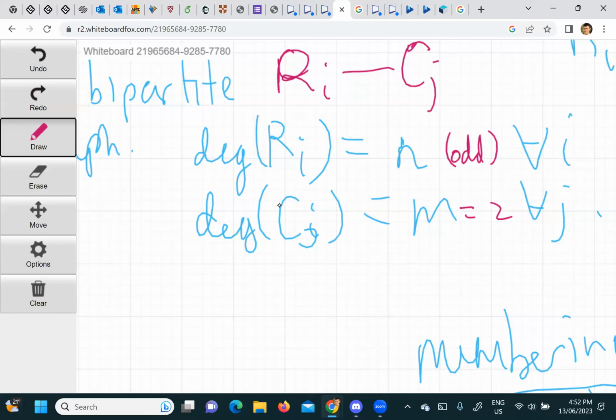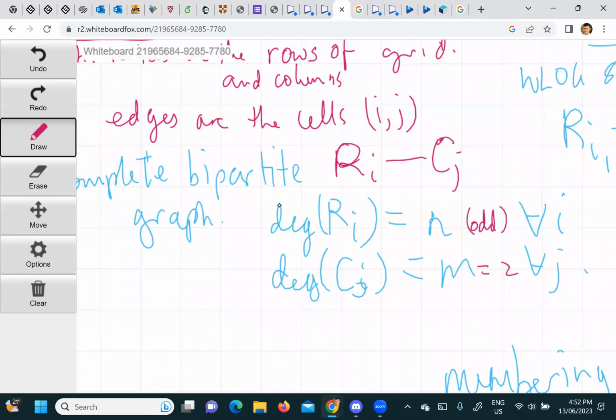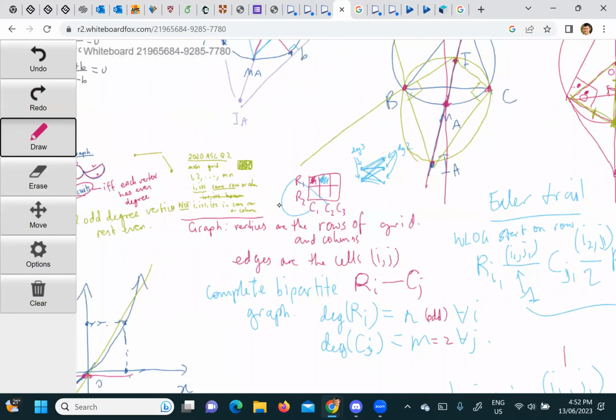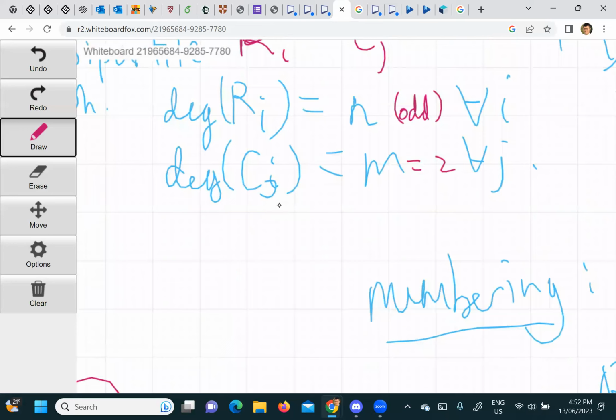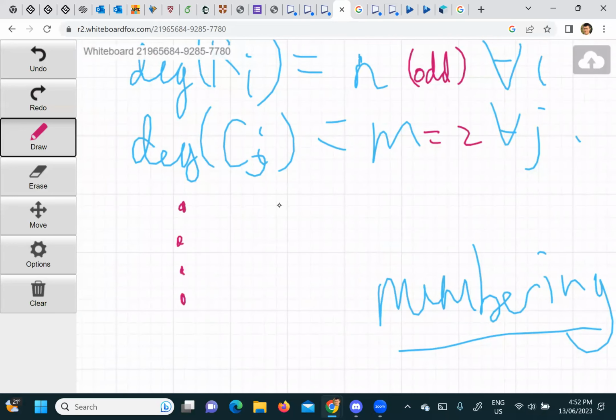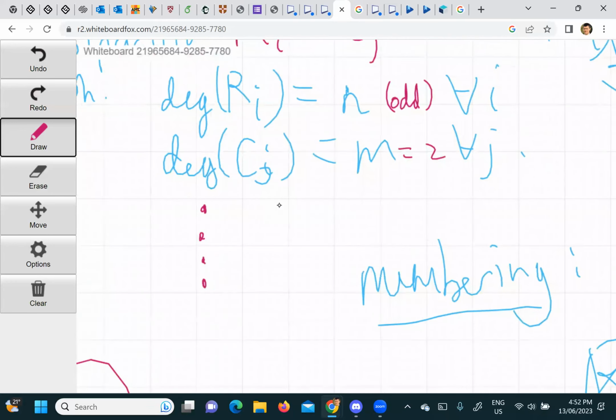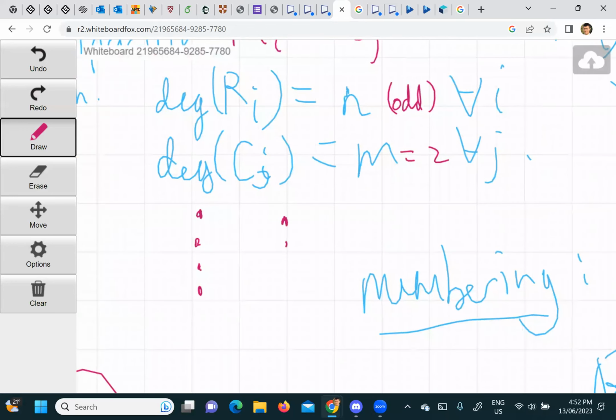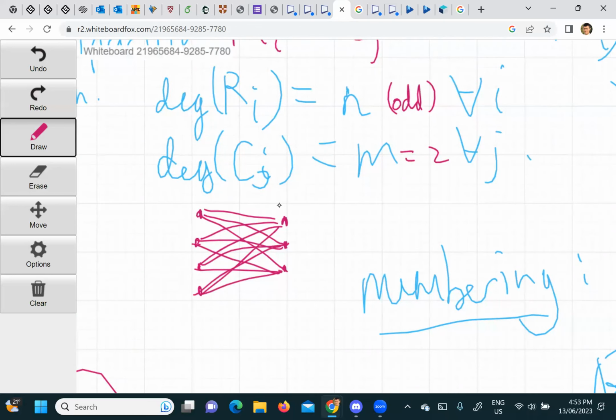Makes sense? So you have a bunch of rows, you have a bunch of columns. The degrees, these are all degree 4, and these are all degree 3, right?